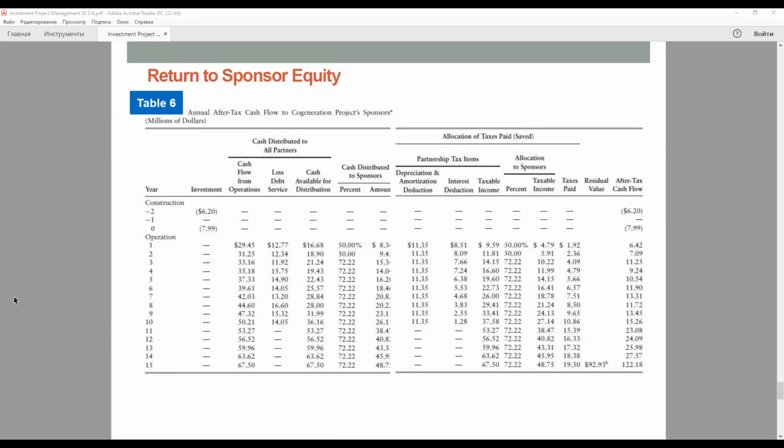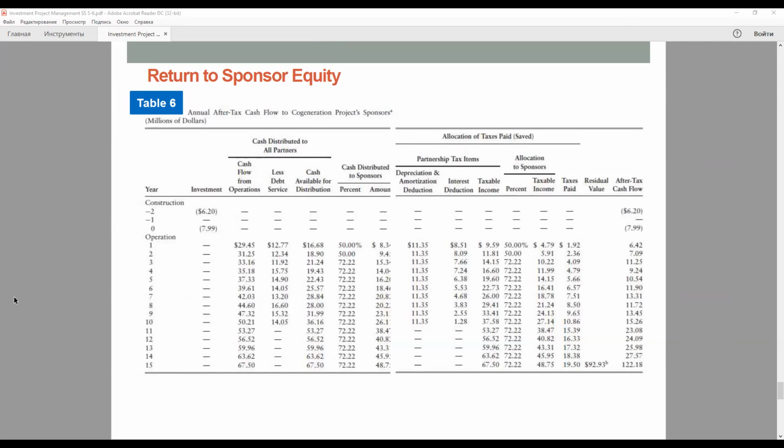For managing the business of cogeneration company, local utility will receive a management fee equal to 10% of project revenue. Local utility estimates that this management fee will approximate its cost of managing cogeneration company, so no profit will be generated, so no additional profit stream.